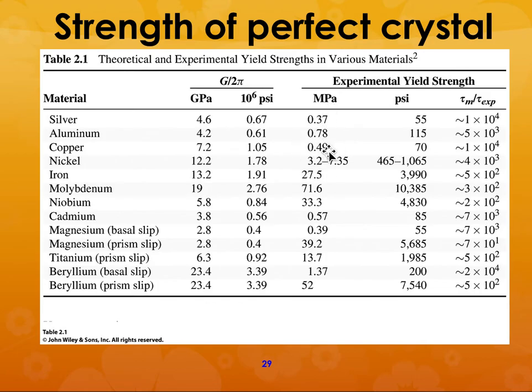Where is half a megapascal, and where is 7.2 gigapascals? They are much lower than this value. And we will learn what exactly is causing this reduction experimentally compared to the theoretical value.